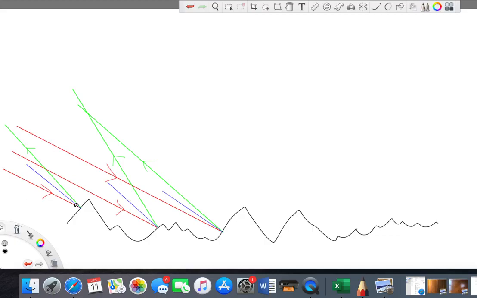Now what I've done here is to have my three parallel rays in red, incident rays, and I've made my reflected rays a different colour just so that they're easier to tell from the incident rays. And I've got my three normals in here.